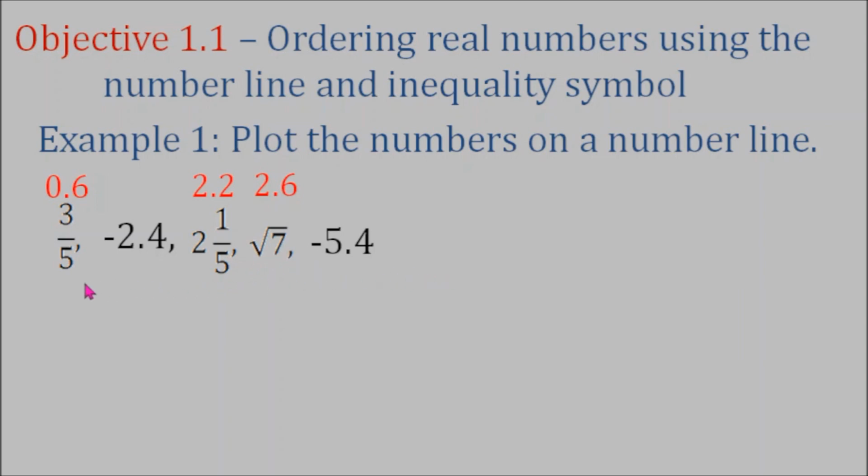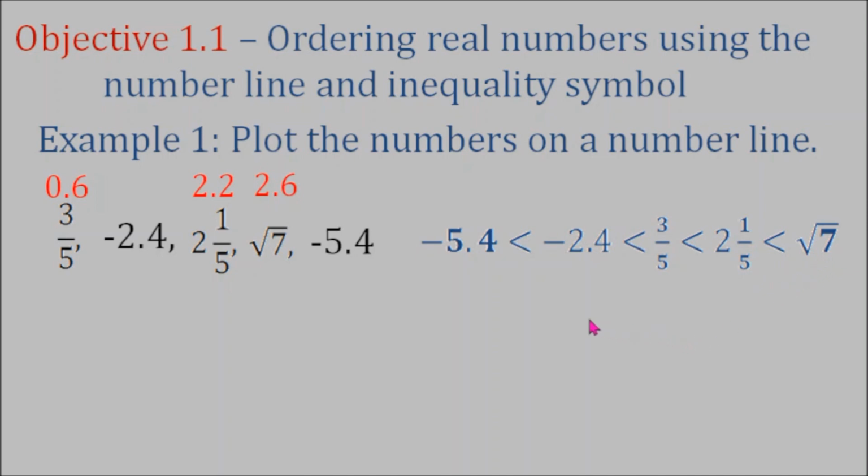So we can arrange these numbers from the smallest to the largest using an inequality symbol like this. So it's -5.4 less than -2.4 less than 3/5 less than 2 1/5 less than square root of 7.